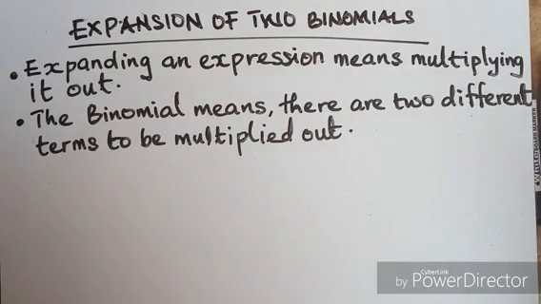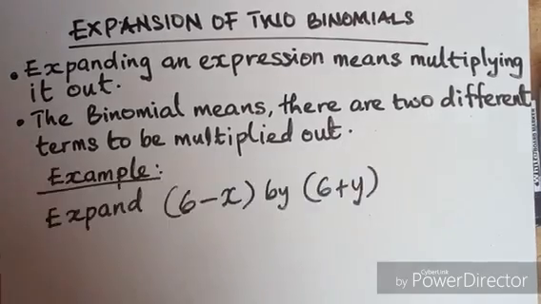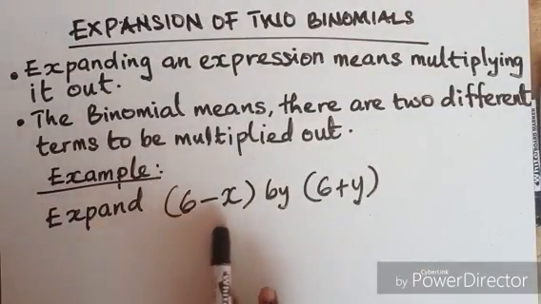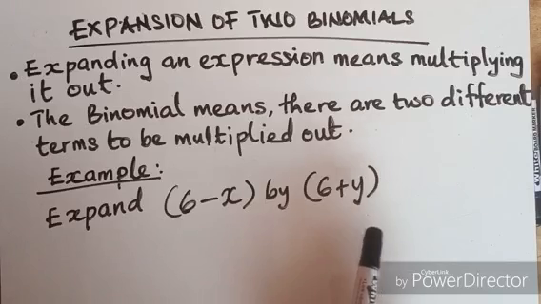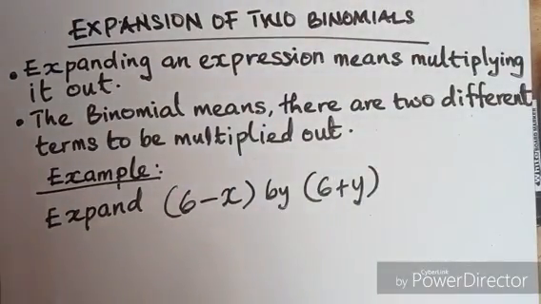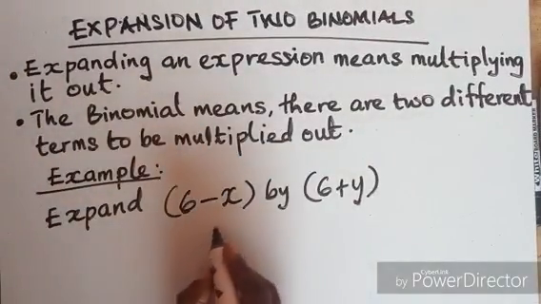Let us look at common examples of such. So we see the example. We have 6 minus x by 6 plus x. The term by indicates multiplication in this regard. In solving this question, this is our solution.